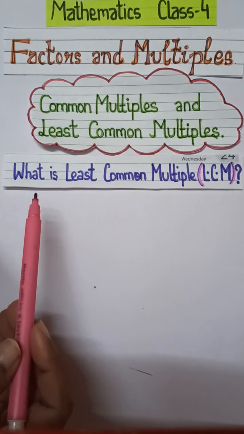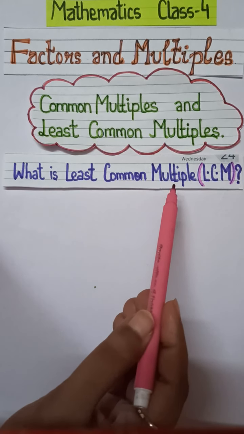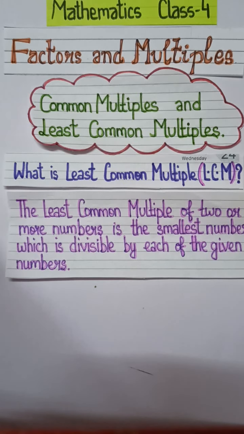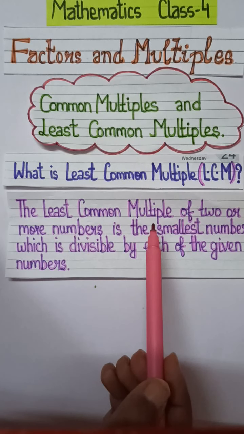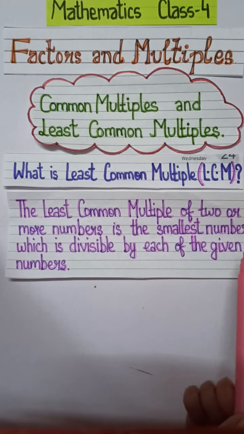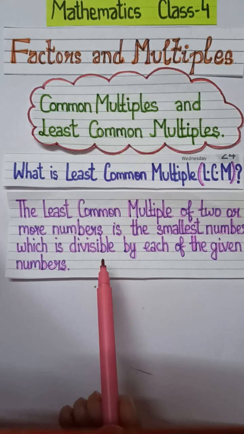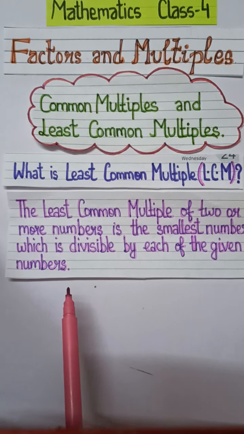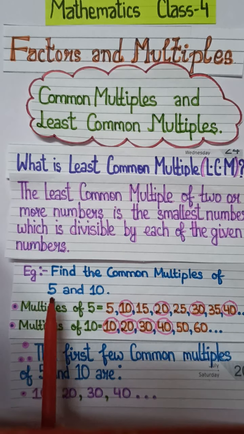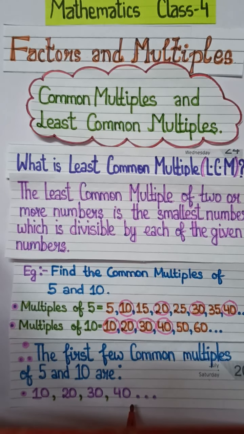Now I will be telling you all about the least common multiple or LCM. So what is LCM, children? The least common multiple of two or more numbers is the smallest number which is divisible by each of the given numbers. Now let me show you an example. As we saw from our previous example, the common multiples of 5 and 10 are 10, 20, 30 and 40.